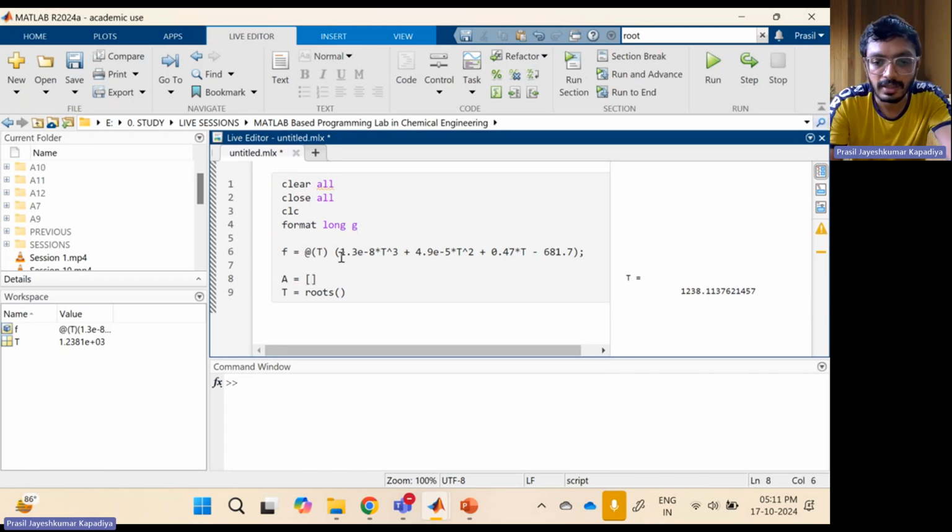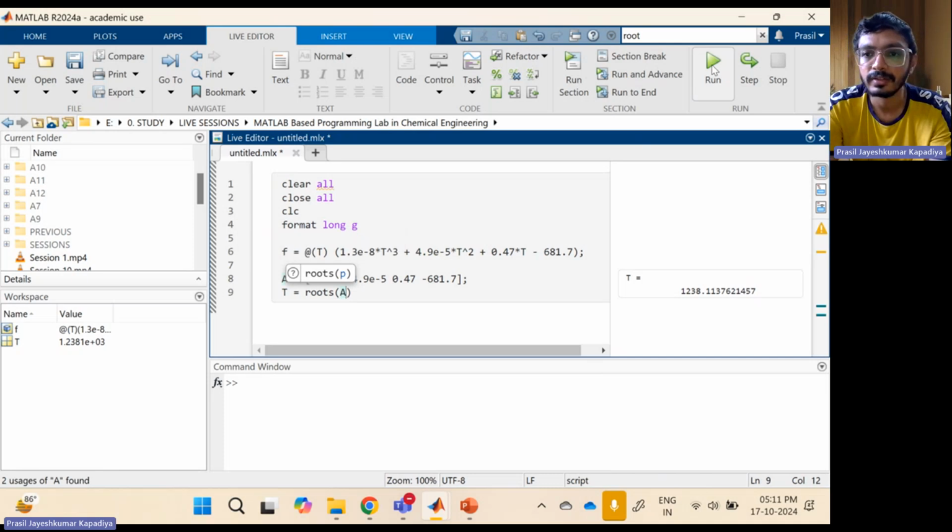The first coefficient is 1.3 into 10 raised to minus 8, for T cube. Then my second coefficient is 4.9 into 10 raised to minus 5, for T square. I just need to give coefficients. Then this one is 0.47, and my last one is minus 681.7. And if I use the roots command, I can write roots of A.